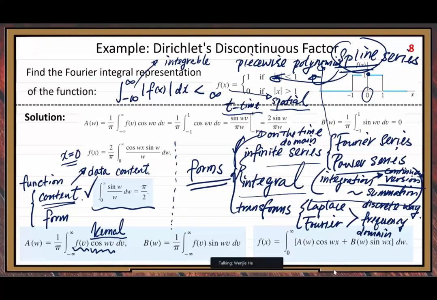A lot of benefits. Let me give a high-level abstract view of the benefits, because we are not looking at real-world problems and cannot get into specifics. At a high level, with different forms, different representations for functions, we can understand functions from different angles.